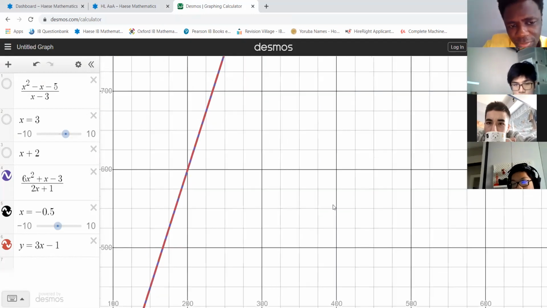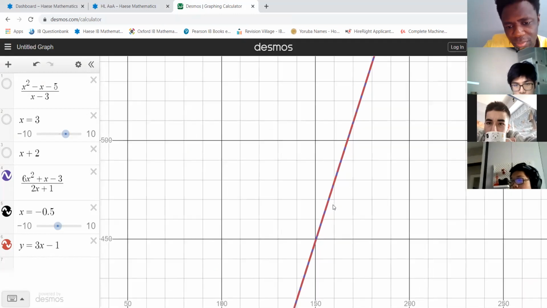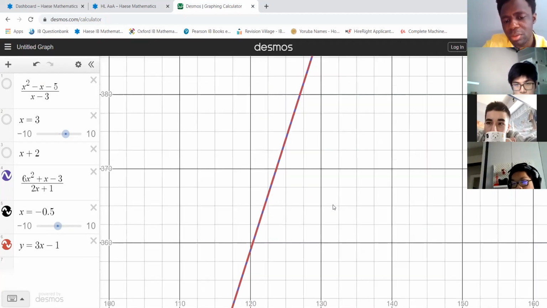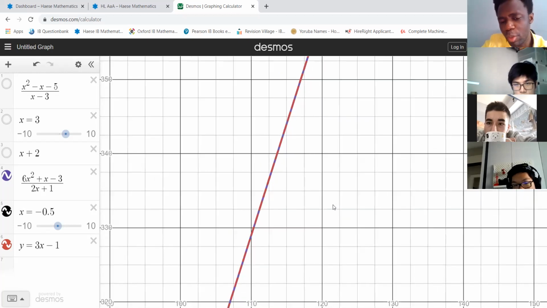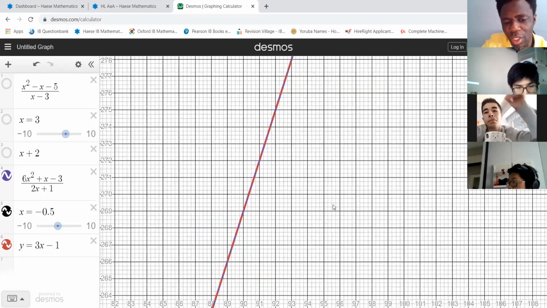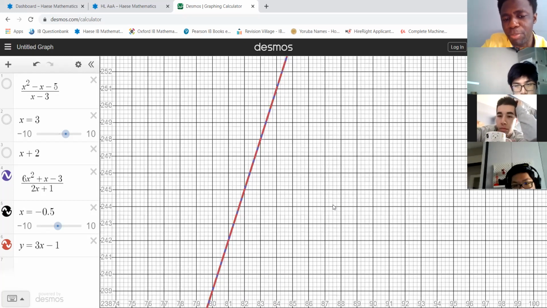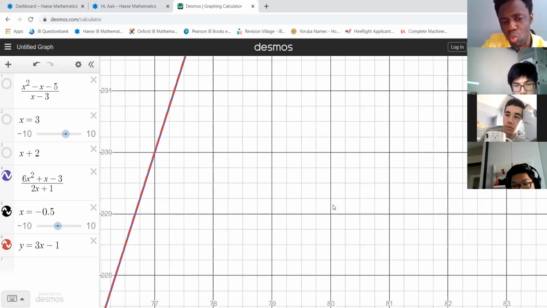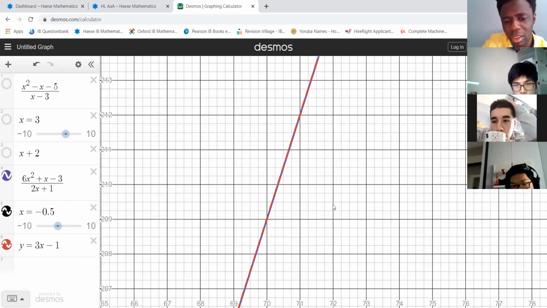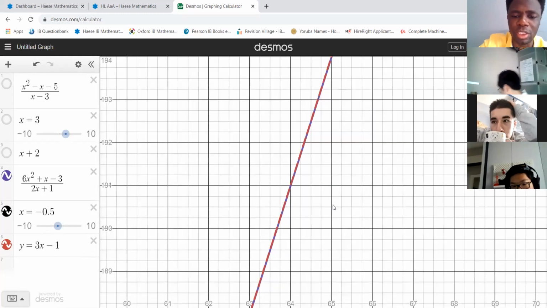The graph tends towards the line 3x minus 1 from below. Does everybody understand that? As x tends towards infinity, the graph approaches the line 3x minus 1.